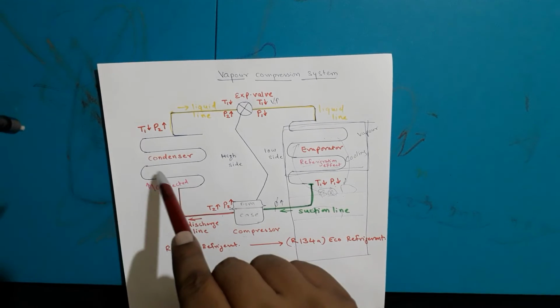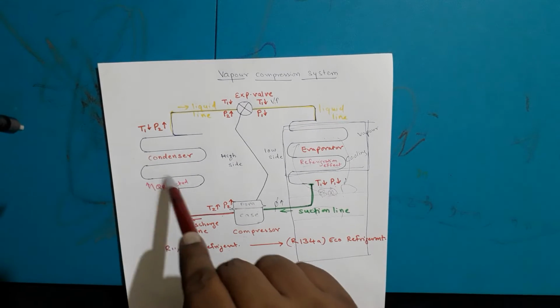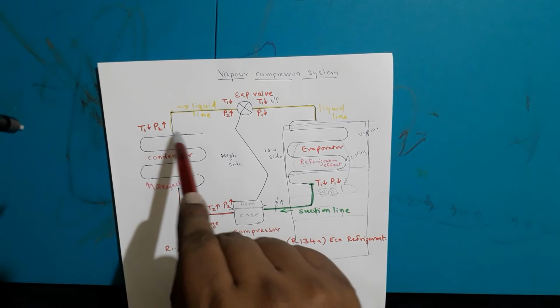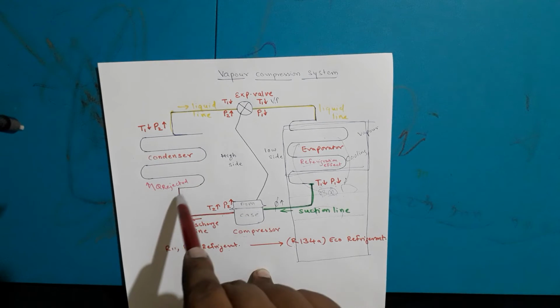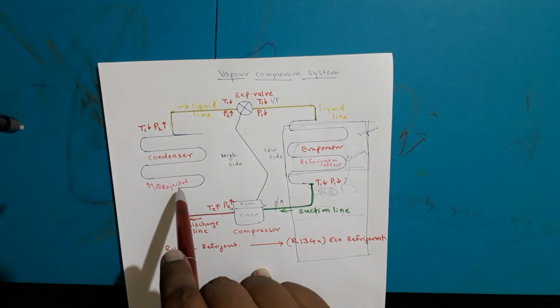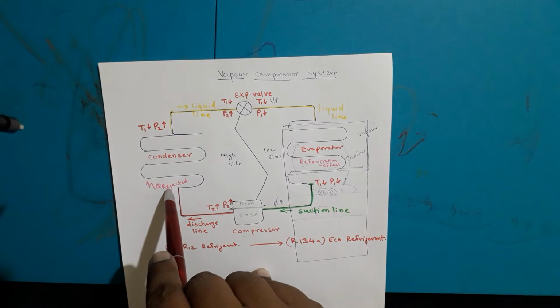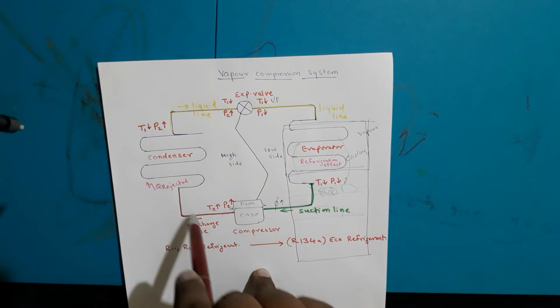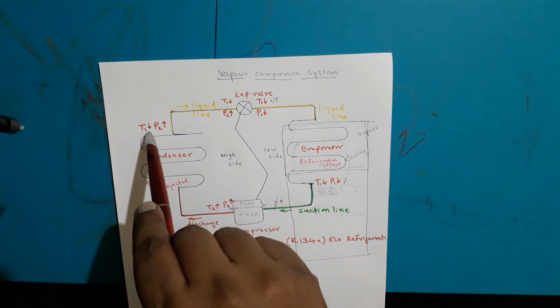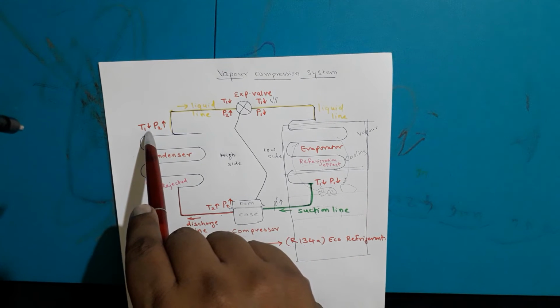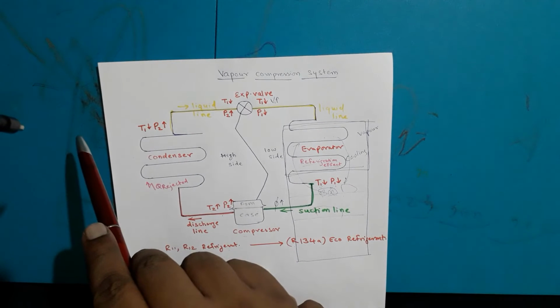When heat is rejected to the atmosphere, you can see that a black colored condensation coil is given at the back side of your refrigerator. When heat is rejected, the temperature will reduce from T2 to T1. The drop in temperature occurs because heat is rejected.